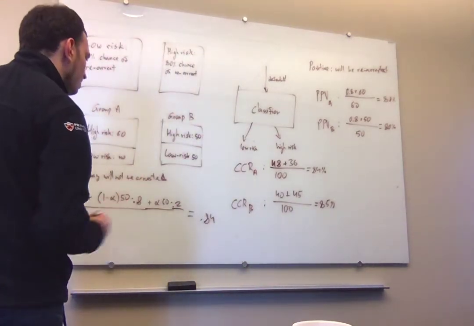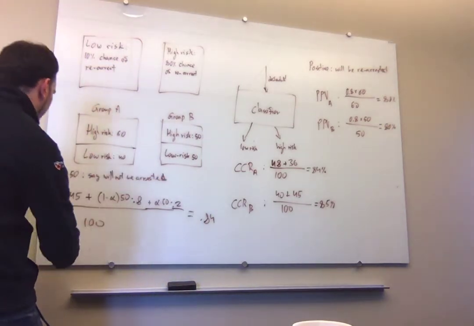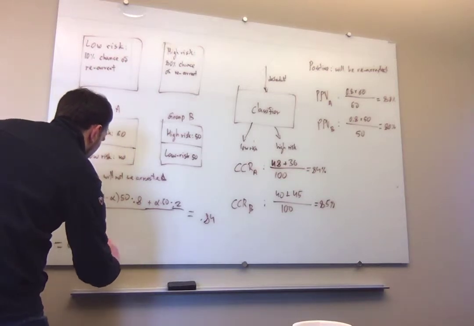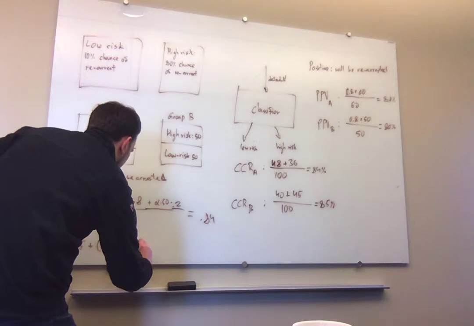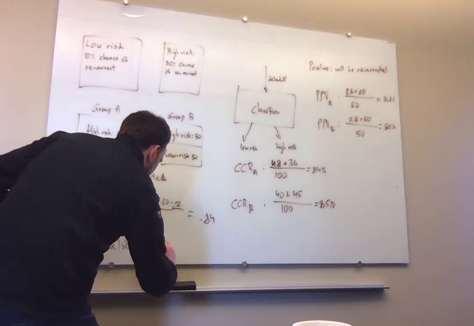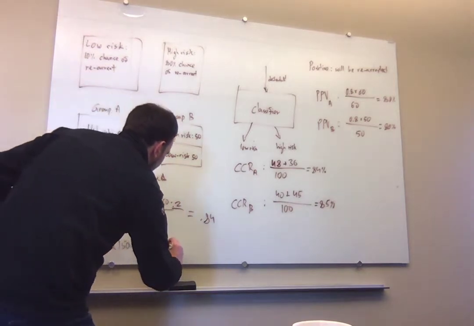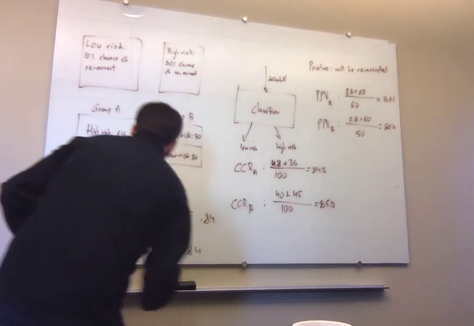Okay, so now all I need to do is solve this equation. That's going to be 45 plus 1 minus alpha times 50 times 0.8 plus alpha times 50 times 0.2, which is 10, is equal to 84.